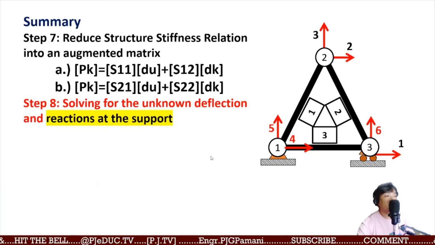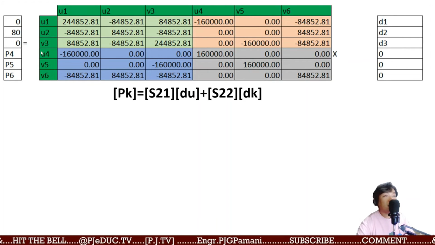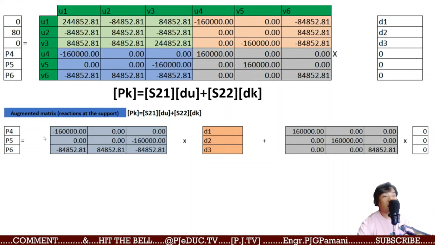That gives us a solution for the reaction at the support. Now, we solve for P4, P5, and P6. The unknown forces equal this matrix times the unknown matrix, plus this matrix times this known matrix.